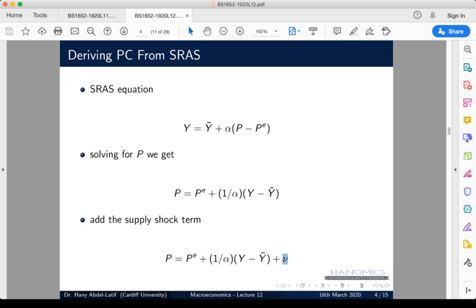Adding the supply shock term to this equation makes sense, because if there was, for example, an oil supply shock, that would push prices up. A similar situation is what we are experiencing at the moment, the outbreak of coronavirus.